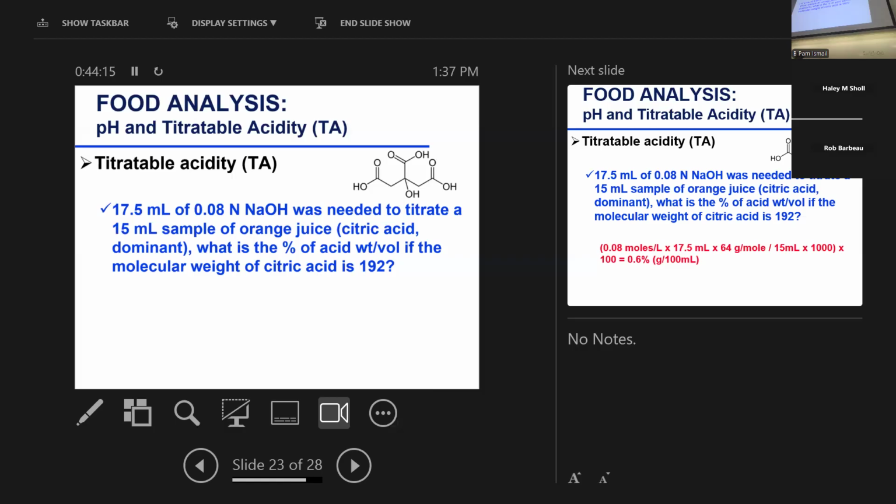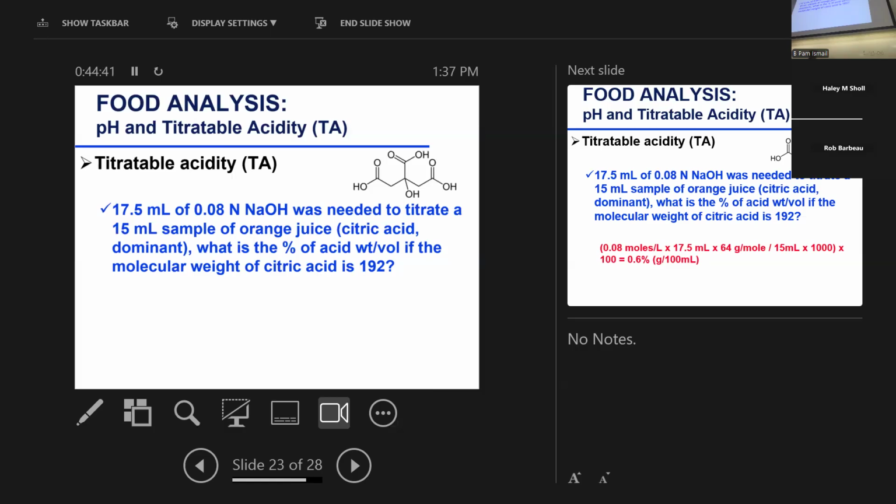In this case, we have citric acid, right? So we have 3 carboxyl groups, so 3 hydrogens are reacting. Like always, you have the normality times the volume, and to convert from milliliter to liter, we divide by 1,000.